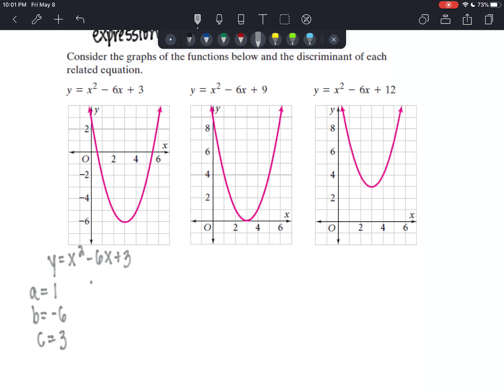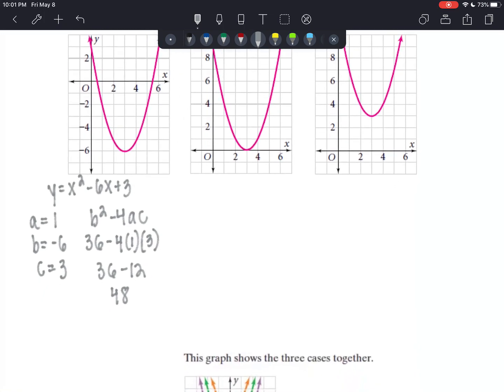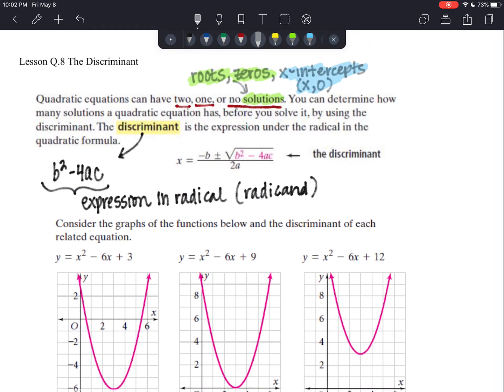Then I would calculate b squared minus 4ac. B squared would be 36 minus 4 times 1 times 3, and I'd have 36 minus 12, which is 24. Now, if I have the square root of that, I'm going to get 2 answers, right? Plus or minus the square root.